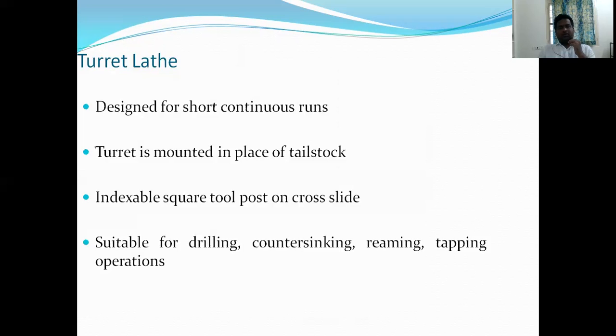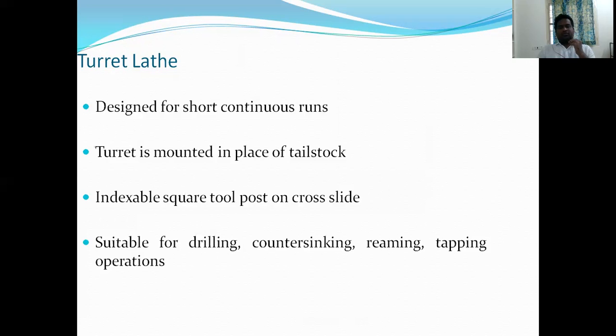Indexable means for indexing, so some arrangement is there, and whenever required, it will be accessible. That's why it is called an indexable square post. It is suitable for drilling, countersinking, reaming, tapping operations.